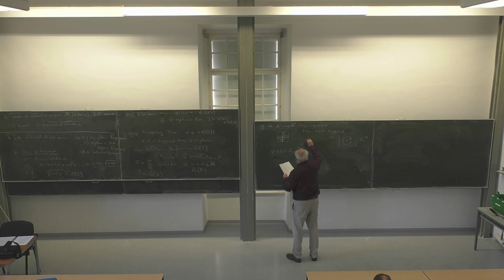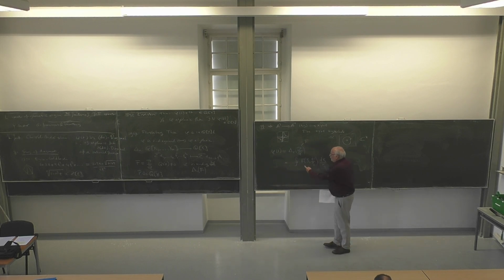This is f. So if you think of the function f, which is the rational function p over q, and this is a power series in two variables.